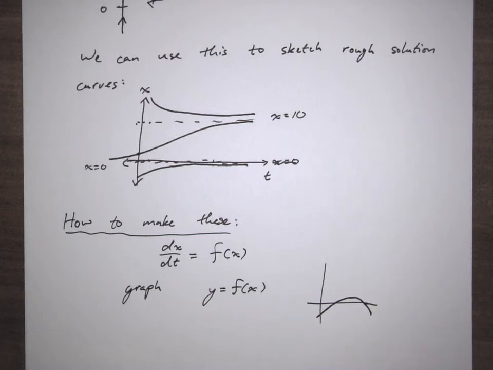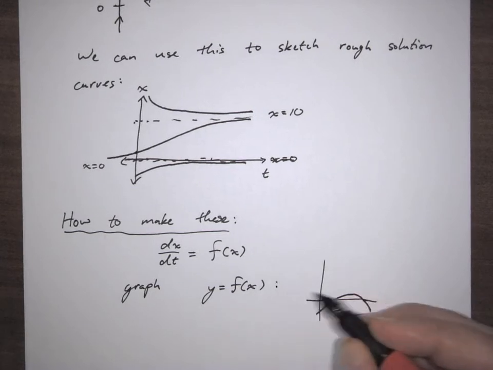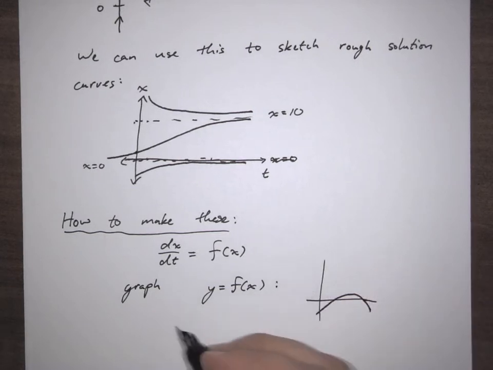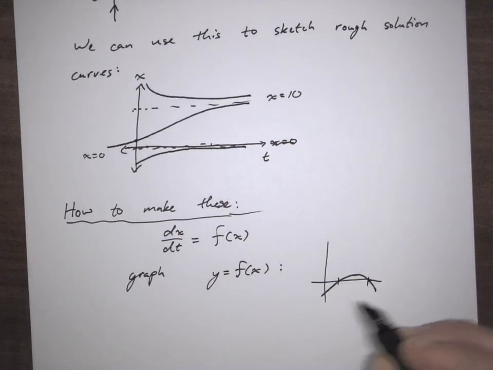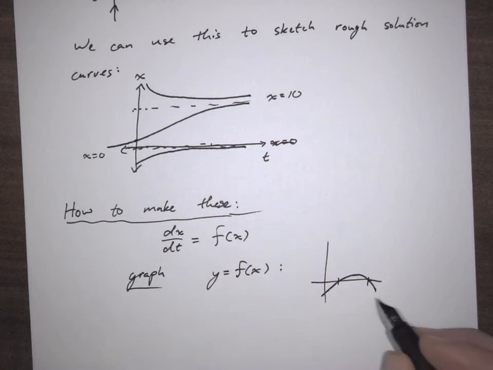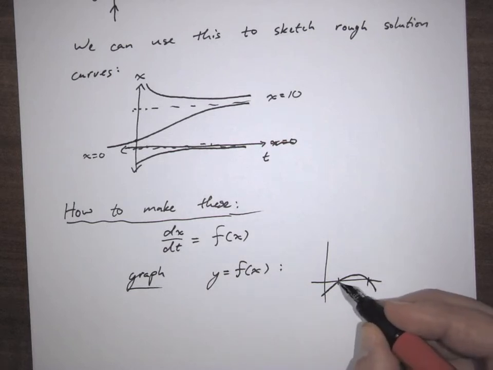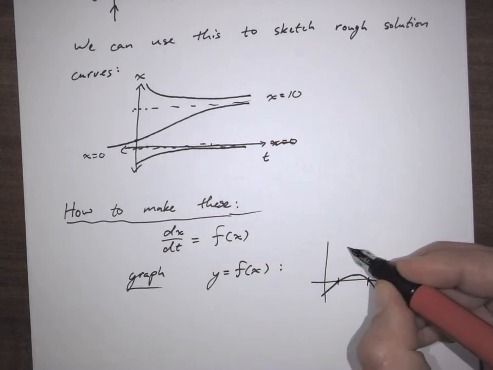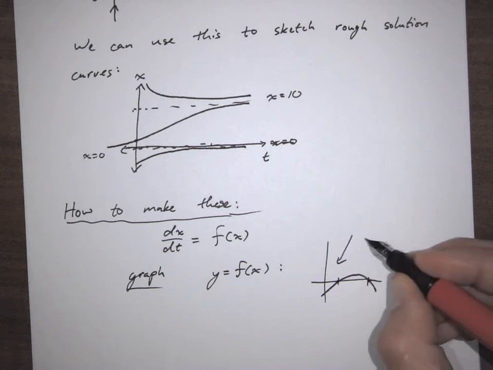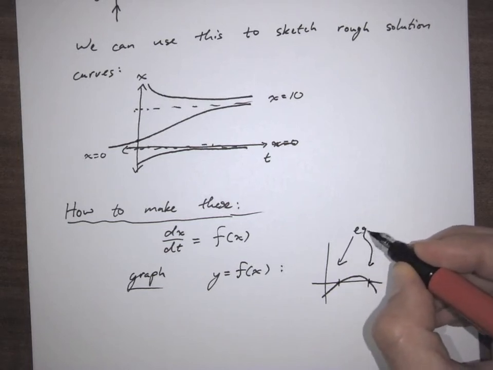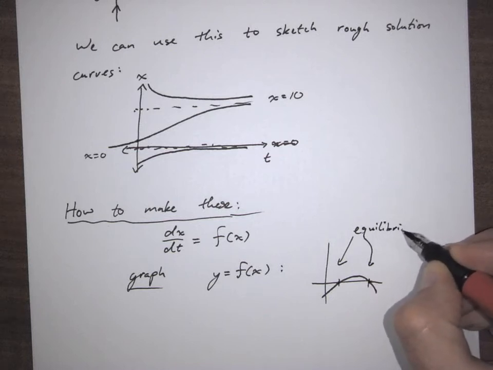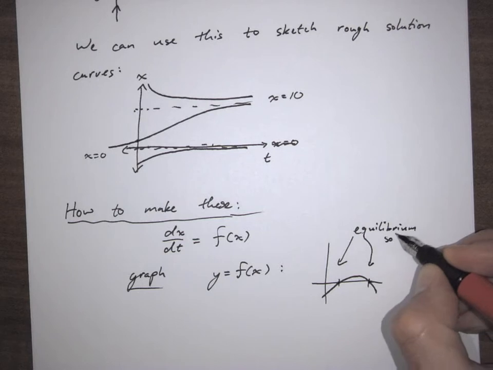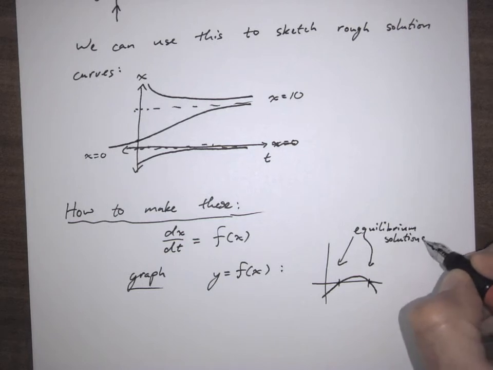So we can just make a graph of something along these lines, for example. And then everywhere where this graph crosses the x-axis, these are going to be equilibrium solutions.